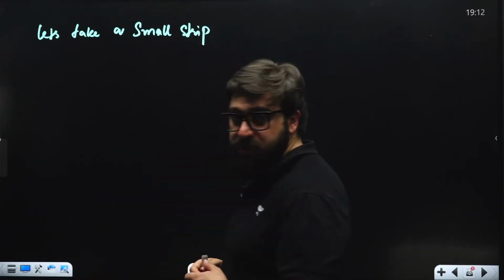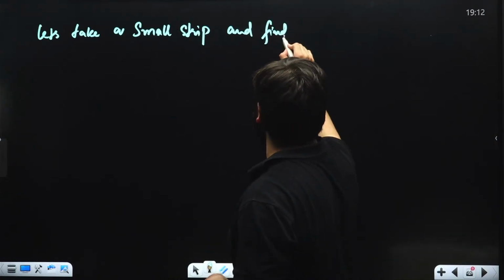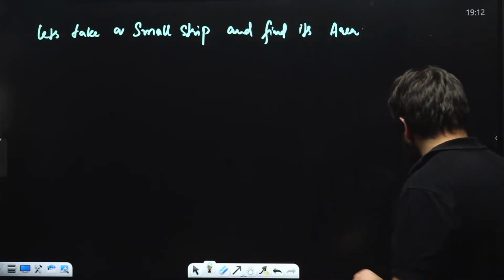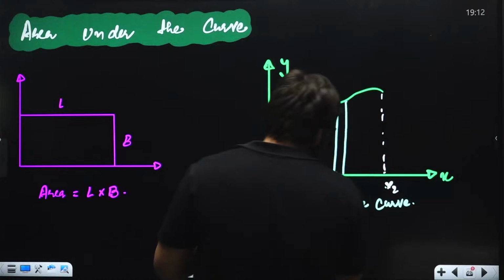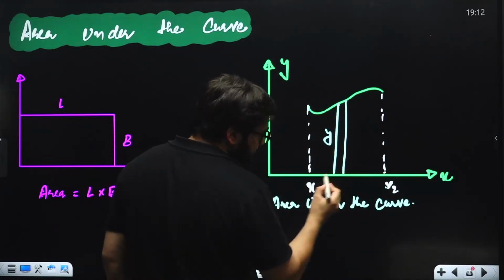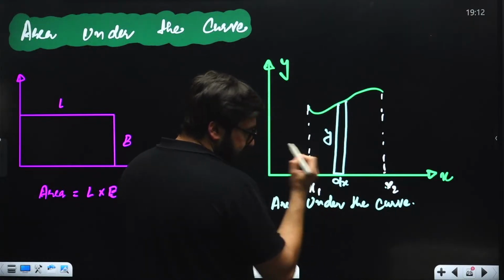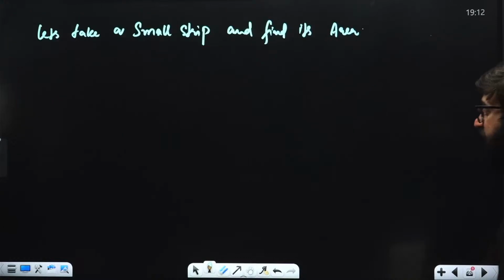Let's take a small strip and find its area. Let's suppose the length of this strip is y, and its width, along x, will obviously be dx. It's a very small, infinitely small width, so it will be dx.